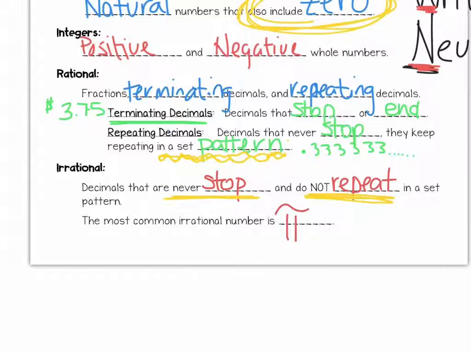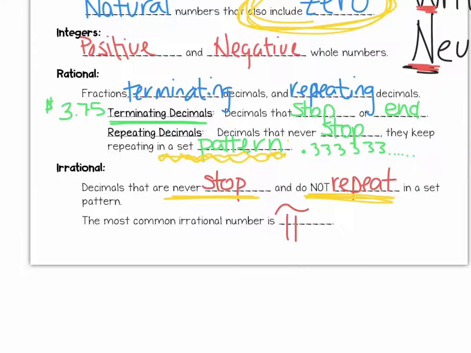Well, that's because they let you stop early because you were doing it by hand. Do you think they'd really make you multiply a number that's over 1 million digits long in 7th grade by hand? Absolutely not. So they round it to 3.14 and let you multiply with that. In actuality, pi goes on forever and ever.